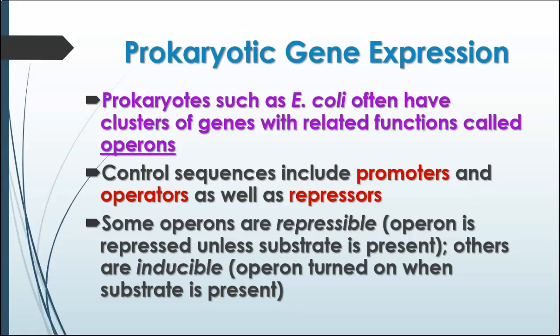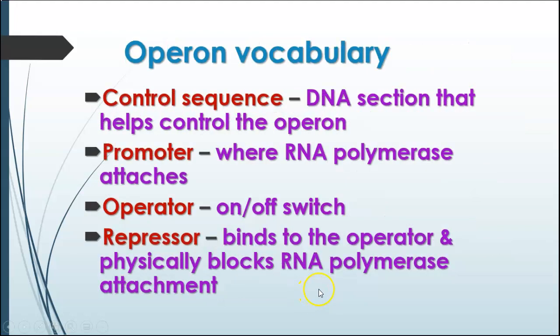Some operons are what we call repressible. That means that they're on when the substrate is present, and they are repressed or turned off when the substrate is not present. Others are inducible, meaning the operon is only turned on when the substrate is present. So it doesn't have to be repressed, it just only gets turned on when the substrate is present.